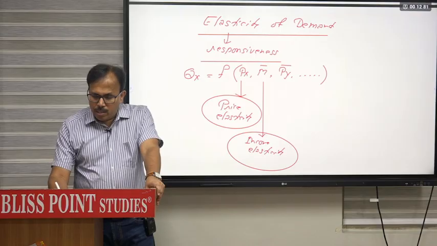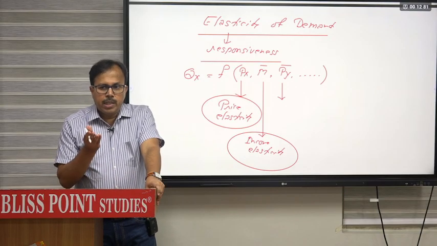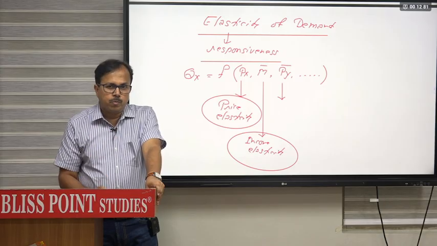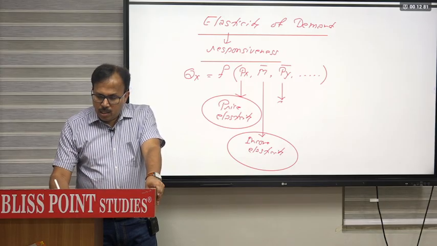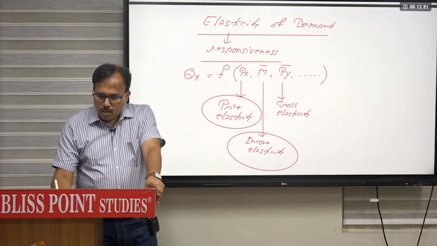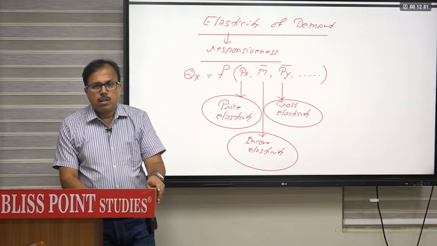And third factor is price of the related commodity. That means you are calculating change in demand for X due to change in price of Y, change in demand for Pepsi due to change in price of Coke. In that case, it will be called cross price elasticity, or simply you can call it cross elasticity. So what does cross elasticity measure?